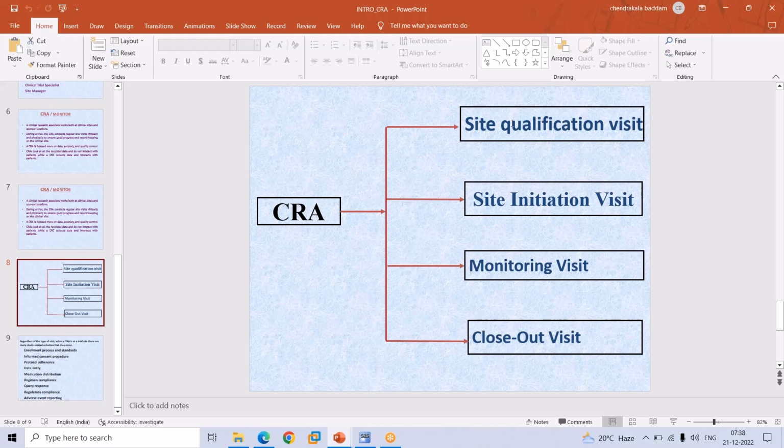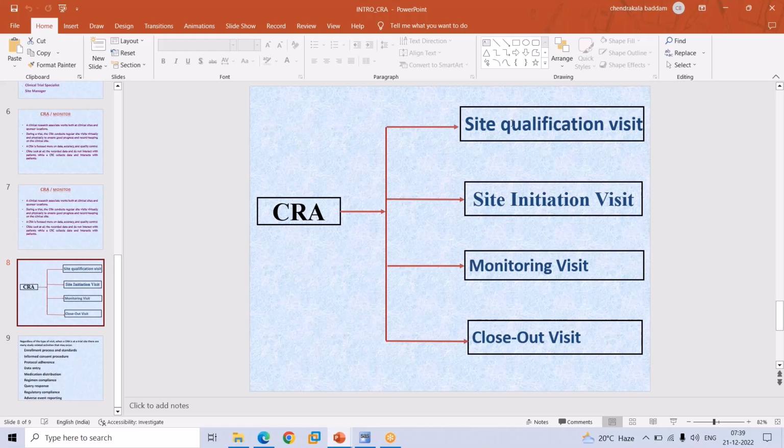Site qualification mainly checks whether the site is qualified, whether the site has all the requirements to perform the clinical study. Site initiation: before we start the study, what are all the things to check?